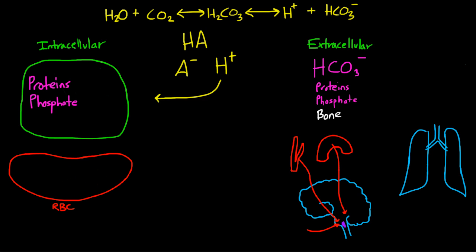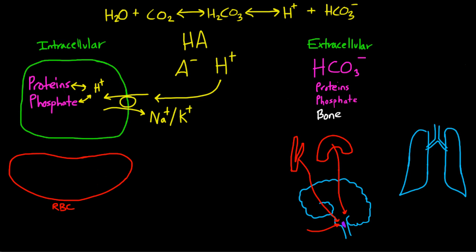Some of this hydrogen ion can be exchanged across the cell for other ions, mainly sodium and potassium. Usually these will come out of the cell in exchange for the hydrogen ion going into the cell via this antiporter. Once it's inside the cell, hydrogen ion can further be buffered against some proteins and even phosphate. As you can see, this is pulling it out of solution and putting it into the cells, which is very helpful.